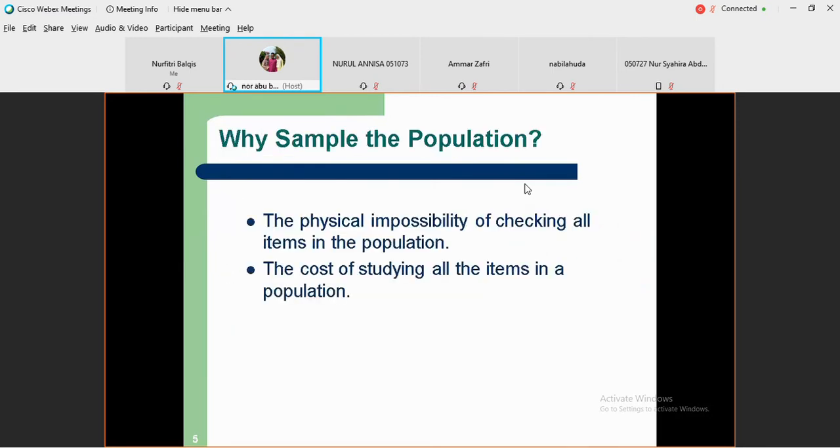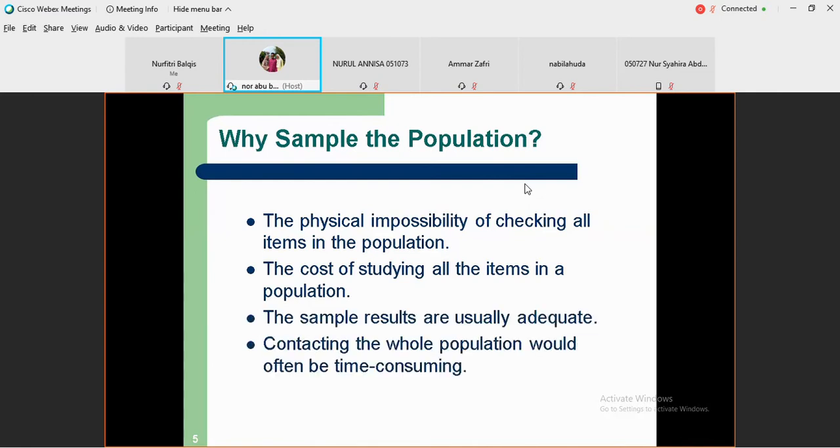Okay, and we already know why we sample, because we know that the sample results are usually adequate to describe your population.